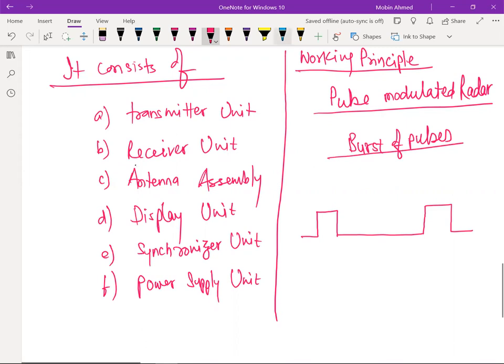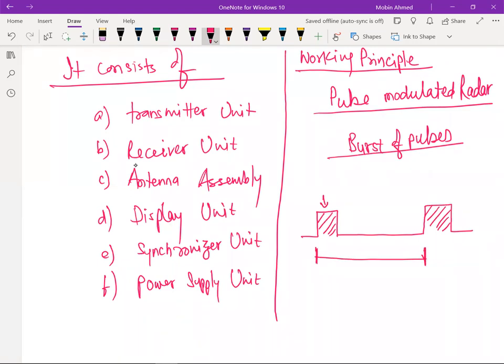No, we break it. In the break, we are going to send the transmitting pulse. This is a transmitting time, but this transmitting time is a periodic time.